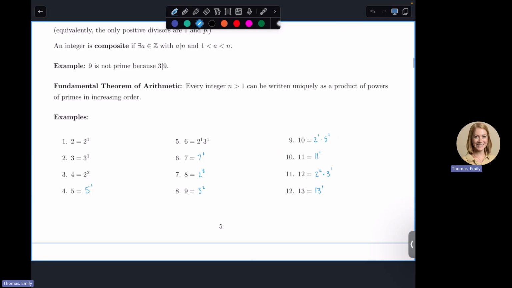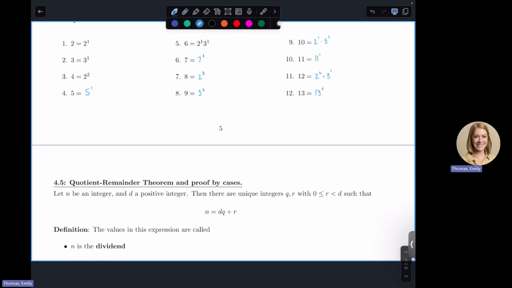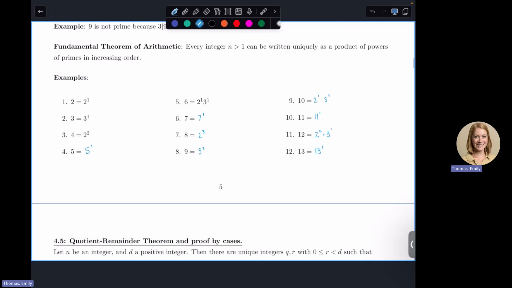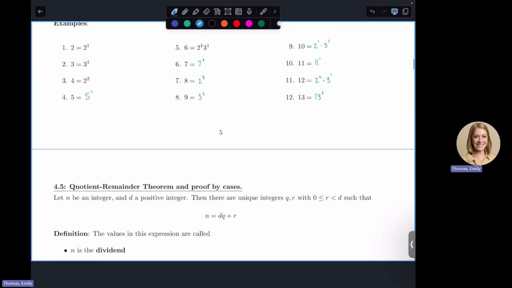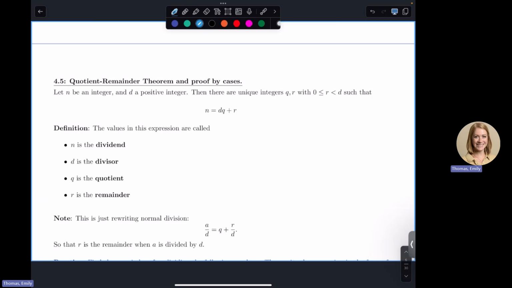Let's do the quotient remainder theorem. So, the fundamental theorem of arithmetic, FTA, because I won't ever write arithmetic down because I cannot spell it. The quotient remainder theorem is this one. This is kind of fun. N is an integer. D is a positive integer. There are unique integers Q and R, quotient and remainder.